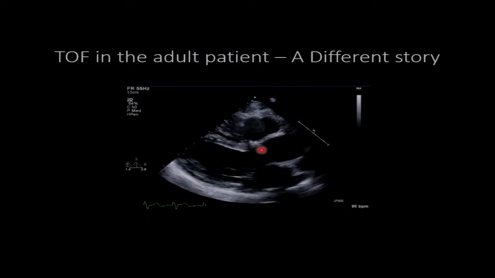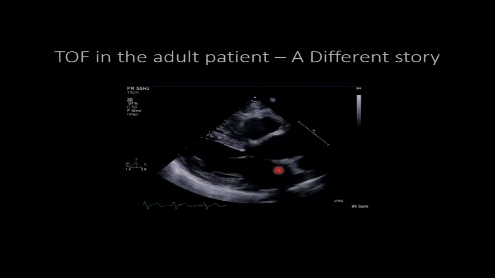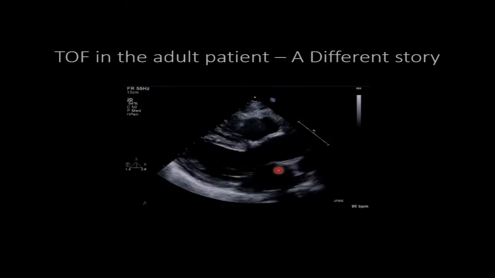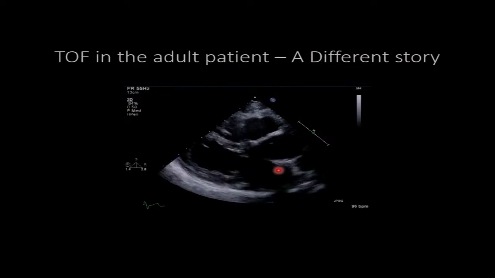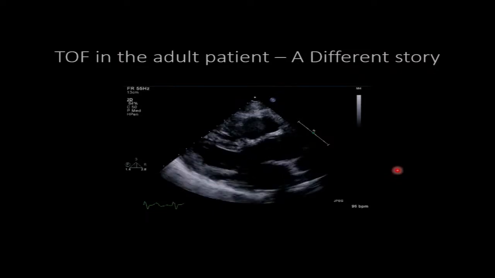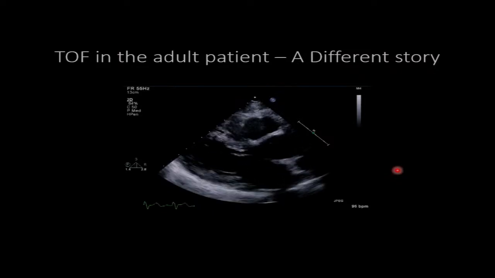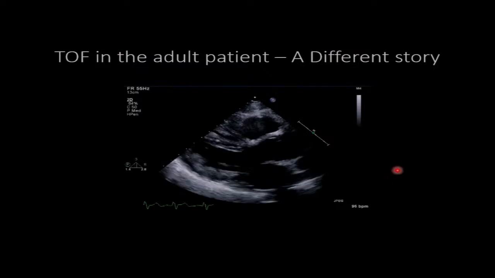A VSD patch. You will see different levels of aortic overriding in patients with tetralogy of Fallot, because we should not think that the anatomy will look normal just because they had repair. They correct the physiologic issues, but they don't make it look normal.